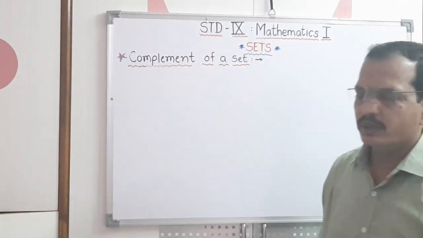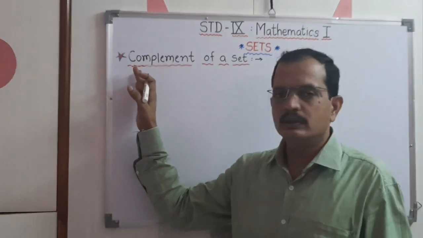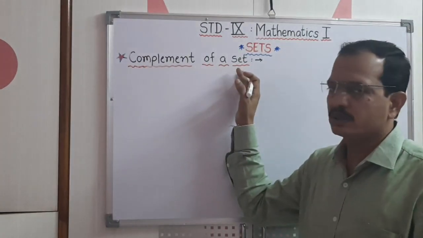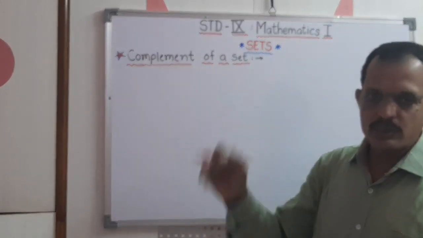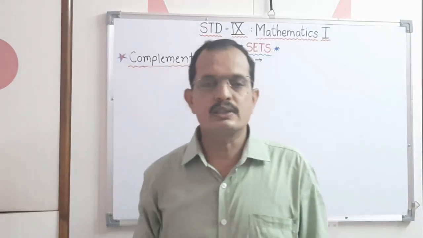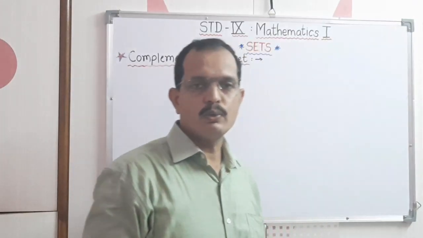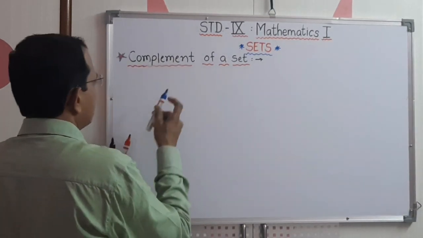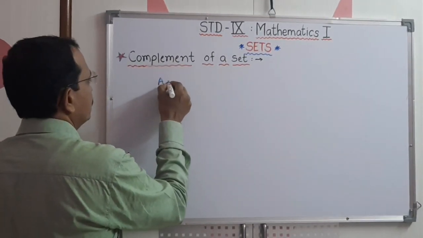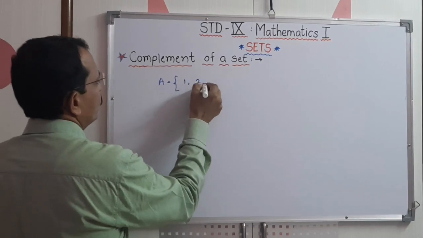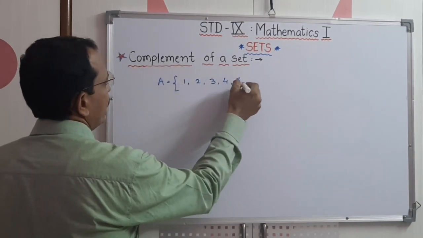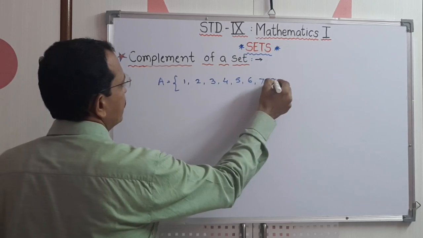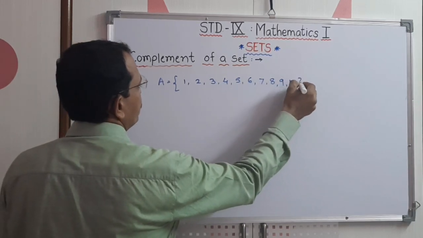Let's start with another topic, that is complement of a set. Just now we learned what a universal set is. Now we have to learn the complement of a set. Suppose set A is given: 1, 2, 3, 4, 5, 6, 7, 8, 9 and 10.